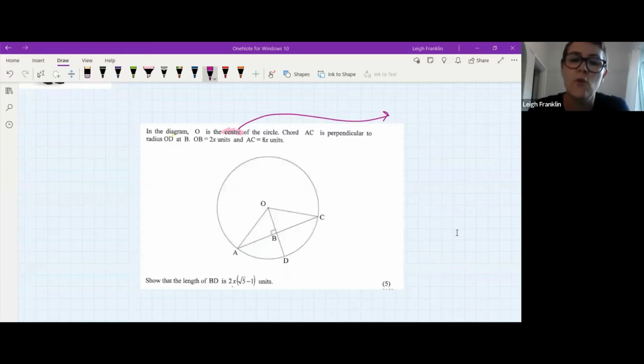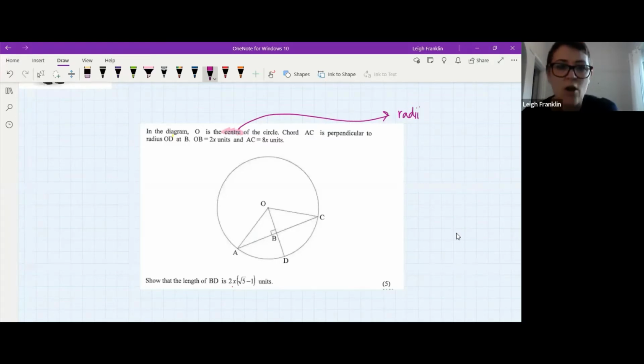Okay, so for example, if we know that we've got the center of the circle, we might start thinking angle at center is twice angle at circumference. But yes, in this particular case, that wouldn't work. But absolutely, if we have got a center, it means we've probably got a diameter or we have radii. So in this case, we have radii. How many radii do we have?